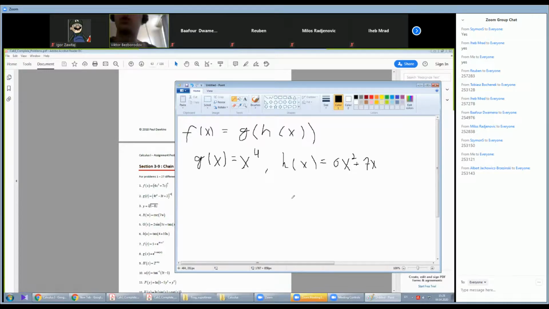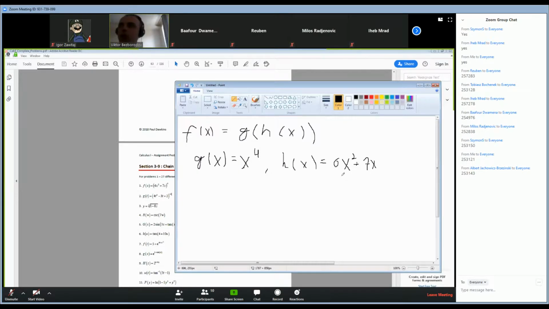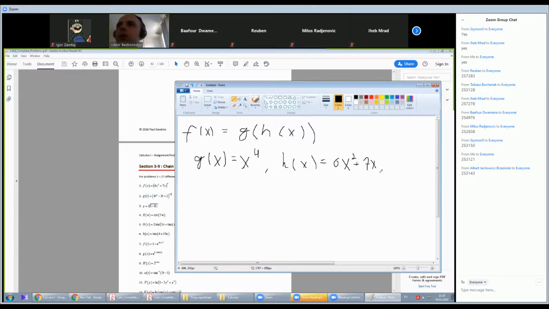Okay, so f is the composition of two functions. You see what is going on. We first apply the inner function h in this case, so it gives us this polynomial, and then we take it to the fourth power.